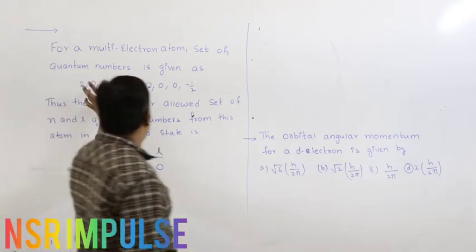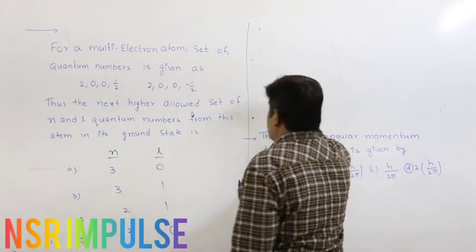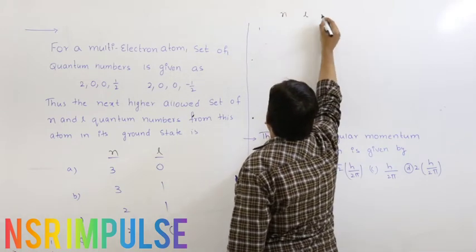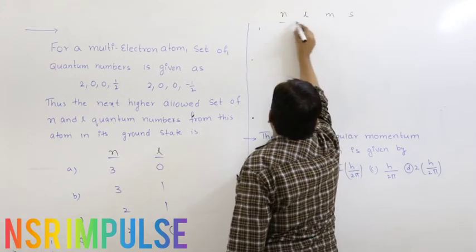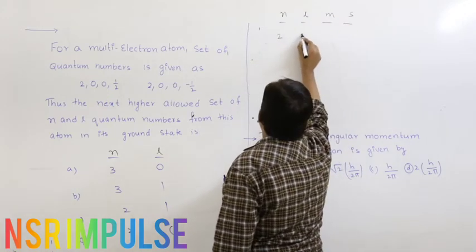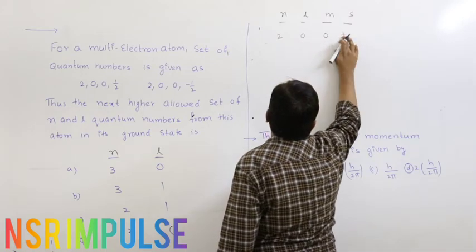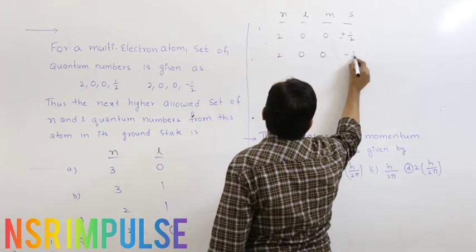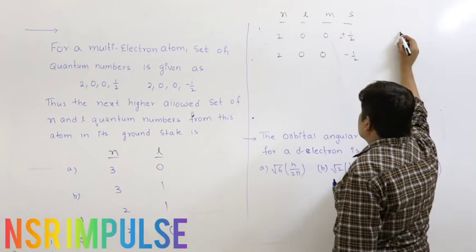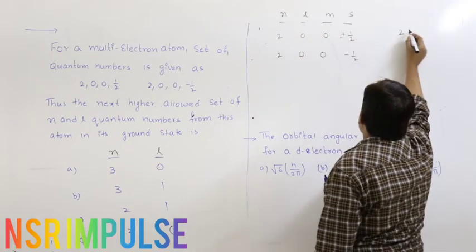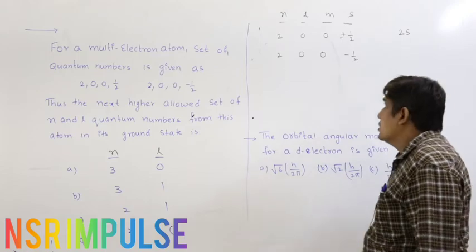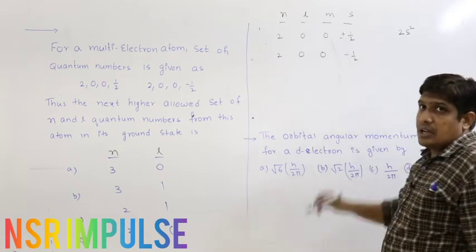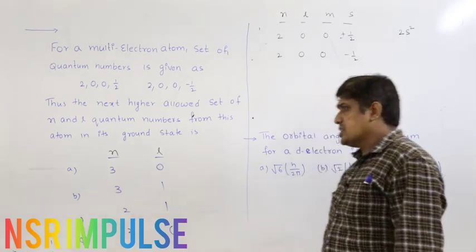Let us see: 2 0 0 plus half and 2 0 0 minus half, taking n, l, m, s. Here n equal to 2, l equal to 0 means s orbital. So this is one electron and this is another electron, which means the 2s orbital is completely filled.